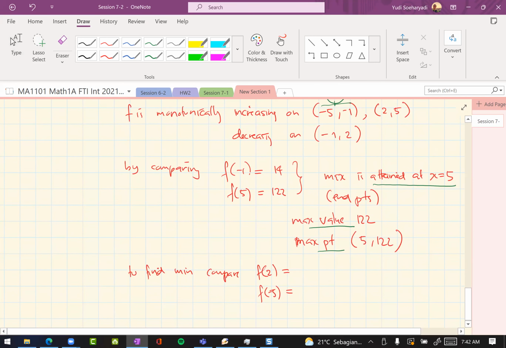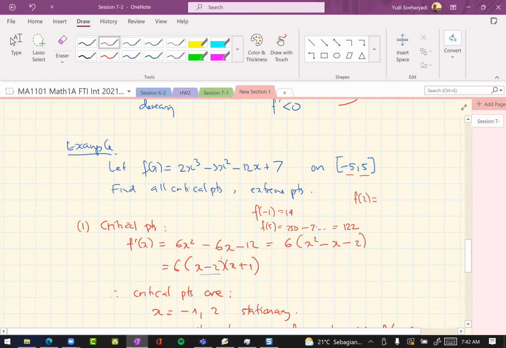f of 2. 2, this is 8, 16, 4 minus 12, minus 24 plus 7, 4 minus 20 minus 13. And f of negative 5 is, I guess this is going to be even lower, because this is going to have you negative.